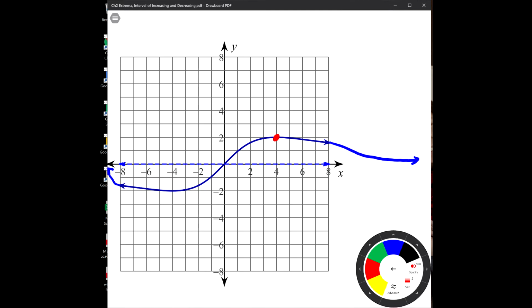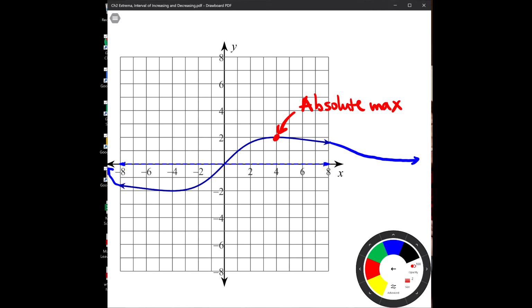Because this is the highest point, and the highest point is usually only one point, it becomes the absolute maximum value of this graph.